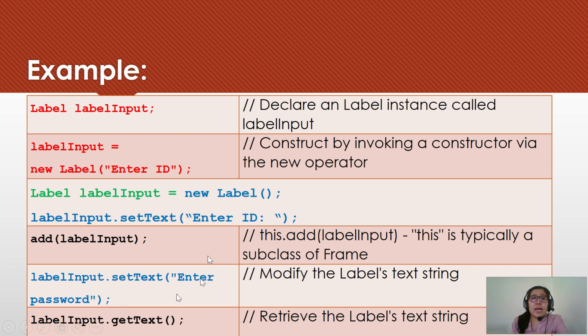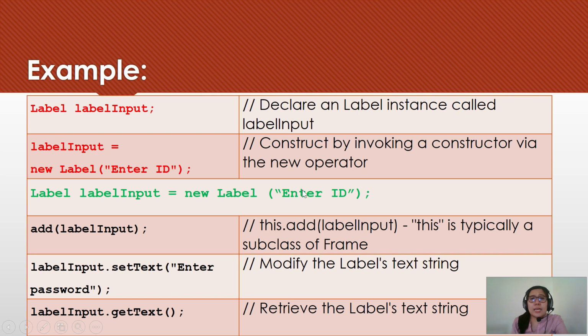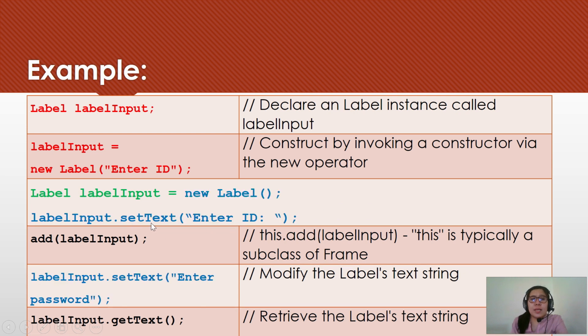Another option, instead of putting the label in the constructor, it is also possible to use the setText method. In order to do that, we'll just leave it empty and then we'll use the method setText. So label input dot setText.